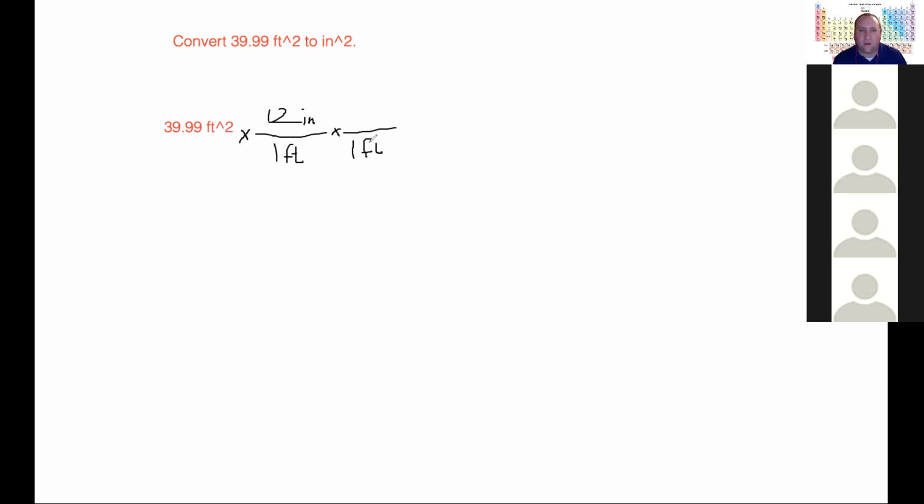And so if I do that, I've got feet times feet in the denominator. That cancels out the feet squared in the numerator. 39.99 multiplied by 12 squared, or 12 times 12, to 4 significant figures is 5759 inches squared.